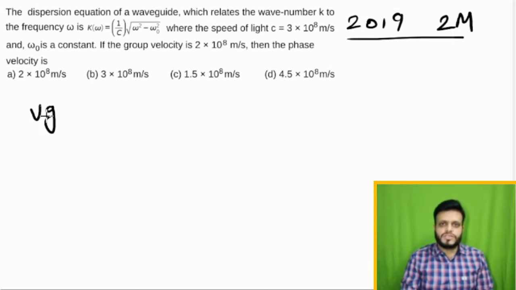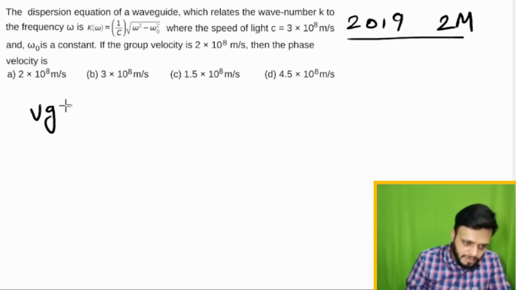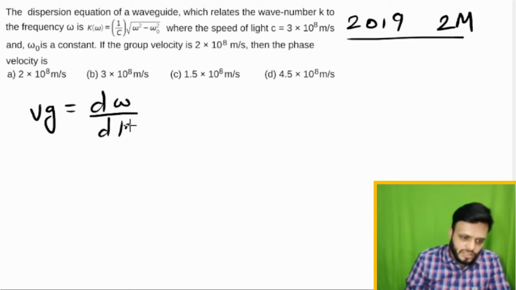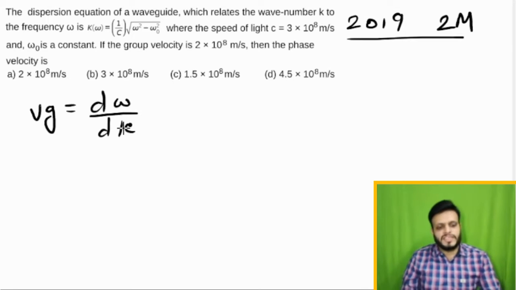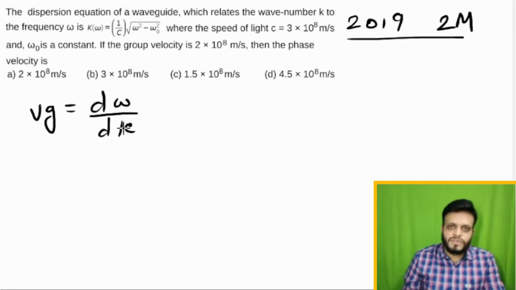That velocity is called the group velocity, which is given mathematically by d omega over dk, the rate of change of angular frequency with respect to the wave number. Here, as you all know, omega is the angular frequency and k is the wave number.